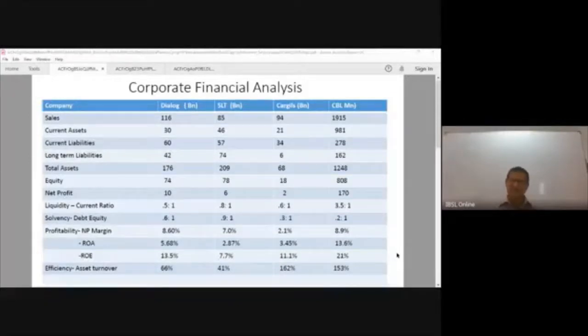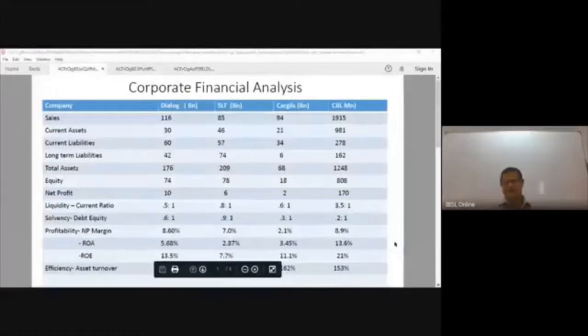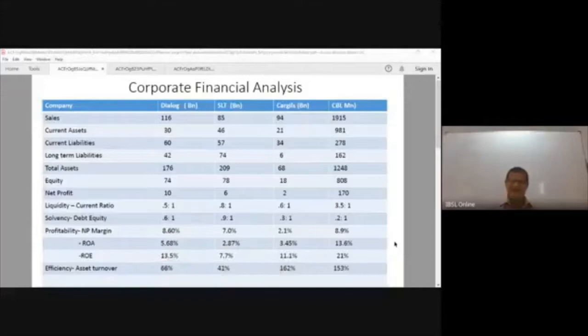So that's the very reason we looked at corporate credit analysis, and we call it funding based on their balance sheet.